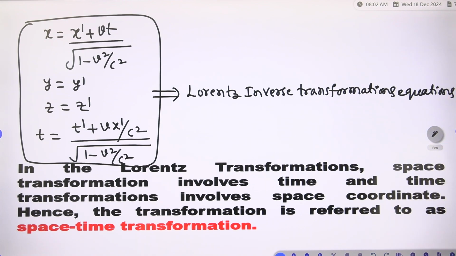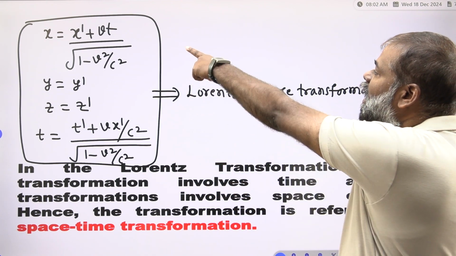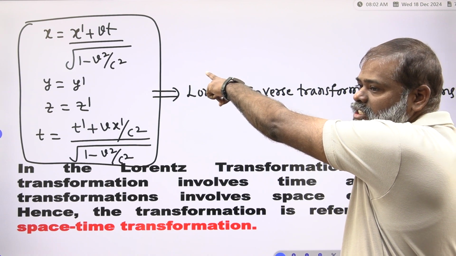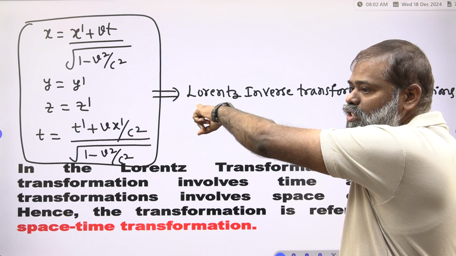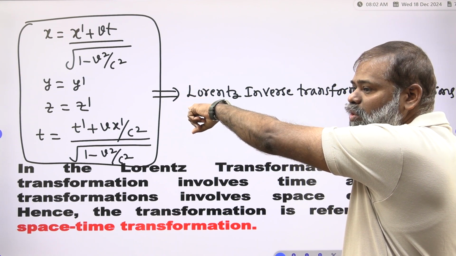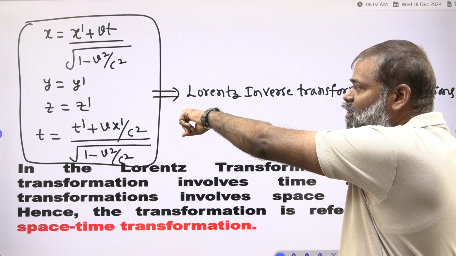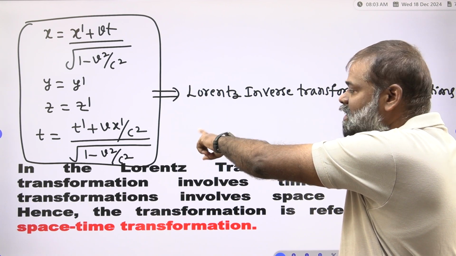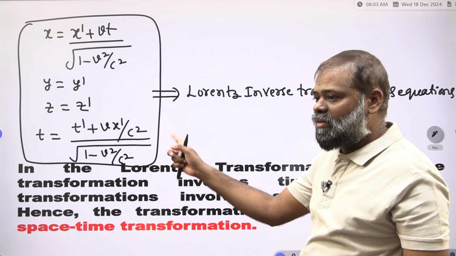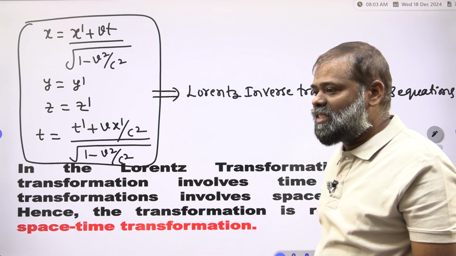What are they? X is equal to x dash plus Vt dash divided by square root of 1 minus V square by C square. Y is equal to y dash, z is equal to z dash, and t is equal to t dash plus Vx dash divided by C square, over square root of 1 minus V square by C square.